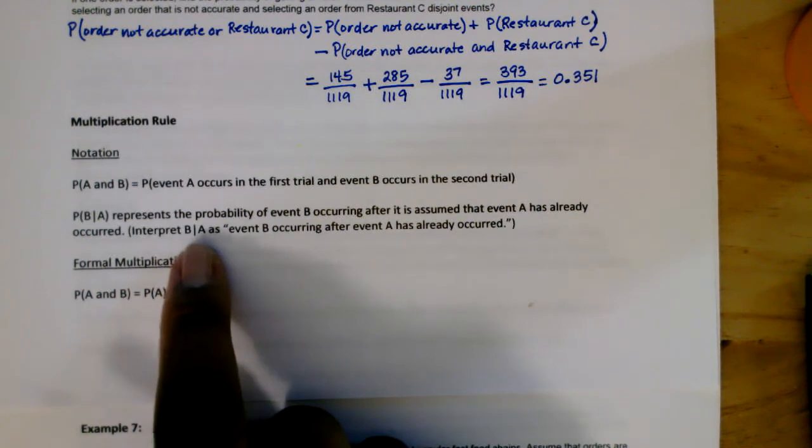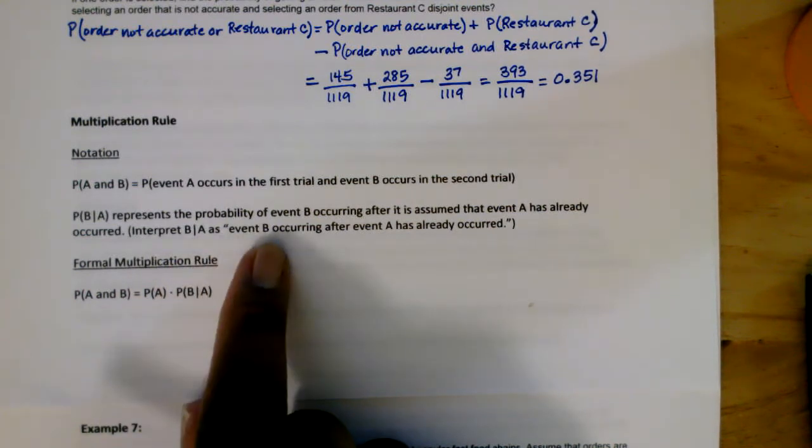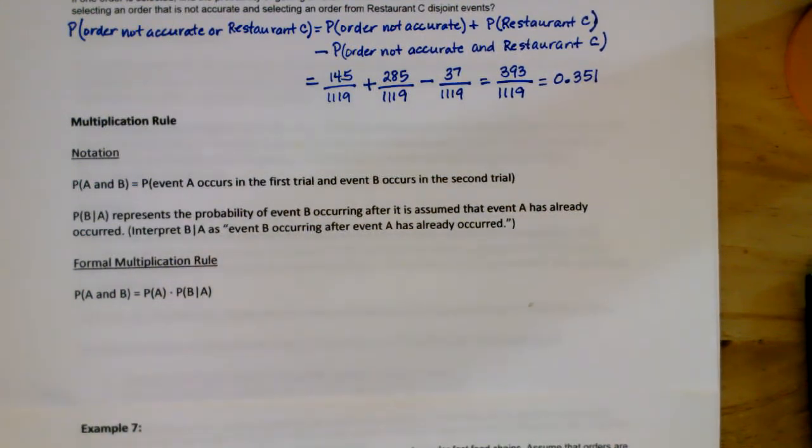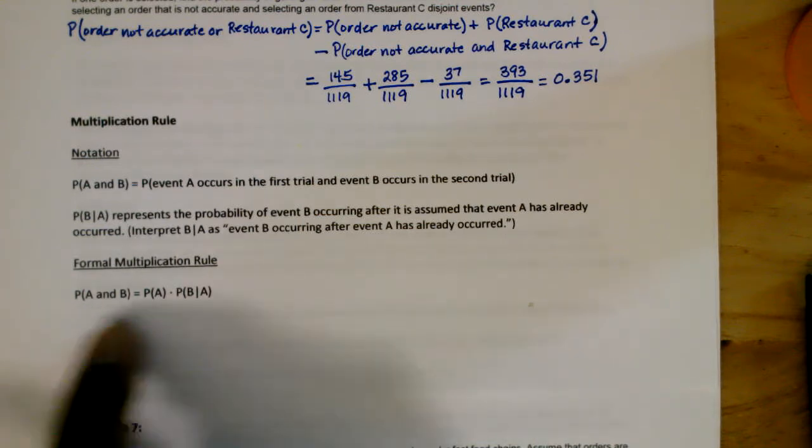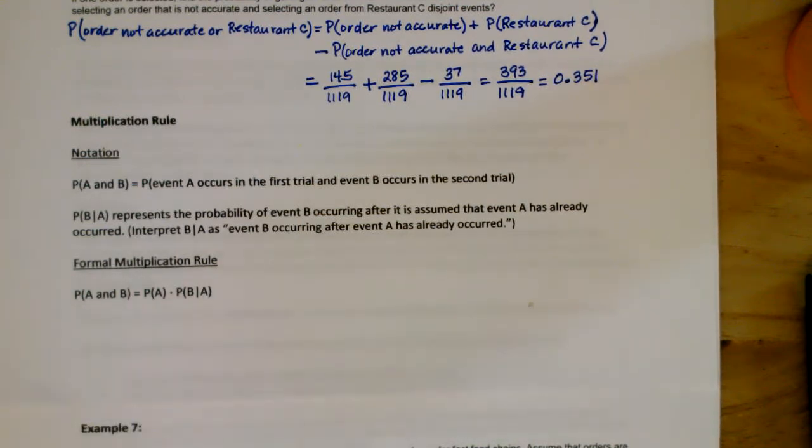So we interpret that as event B occurring after event A has already occurred. Some people like to say the probability of event B given A. That is the probability of event B occurring given that A has already occurred. And here's the formal multiplication rule for that. Probability of A and B is equal to the probability of A times the probability of B given that A has already occurred.